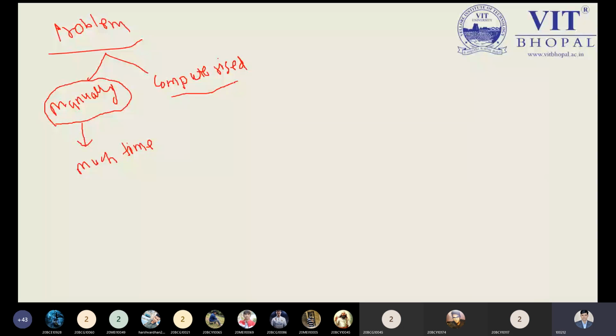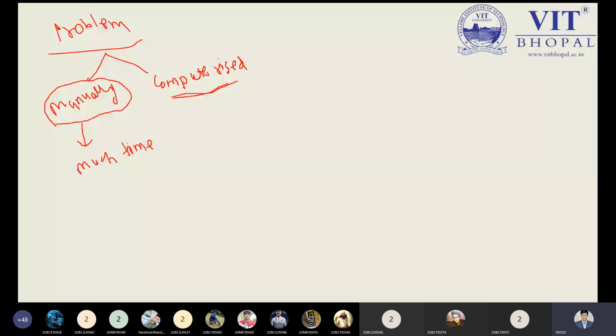This is the first case we need to understand: why we are part of the computer science stream. We are learning computer science because we can sort out any problem through a computerized system. A computer, or any computing device, will take less time to solve our problem, and it will provide various features.